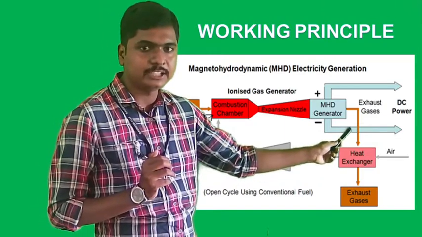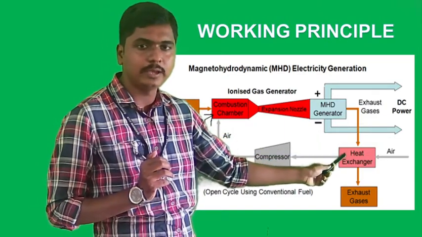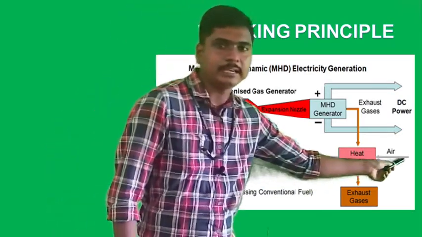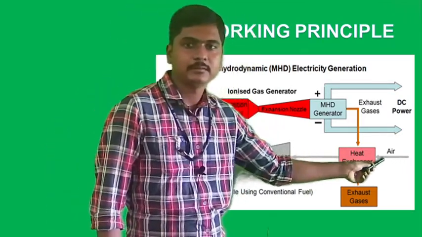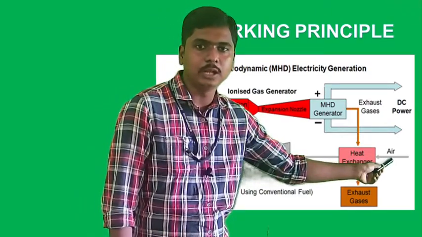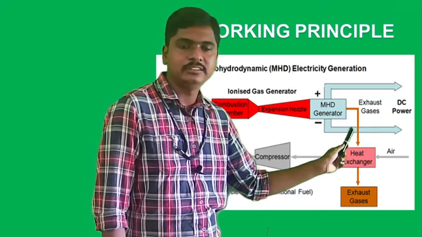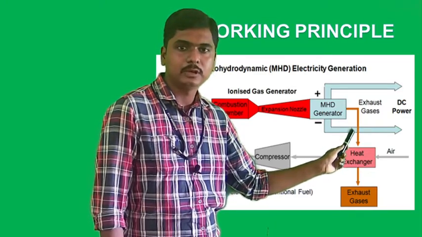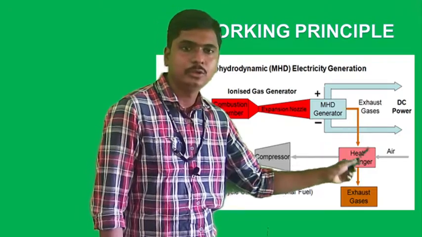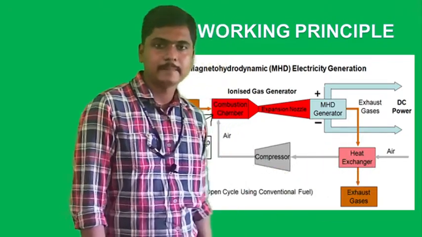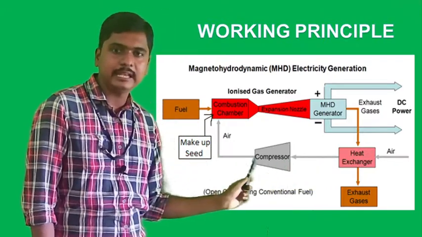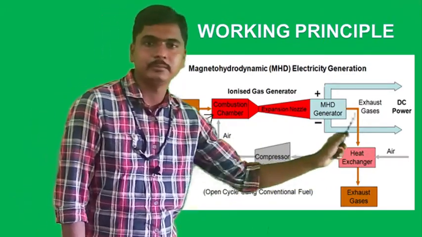That exhaust gas is made to flow through a heat exchanger, and in this heat exchanger we are taking atmospheric air or normal air. This air will be cooler than the exhaust gas, so heat transfer will take place from the high temperature exhaust gas to the low temperature air. Then that air will be supplied to the compressor, and this cyclic process will keep on going.